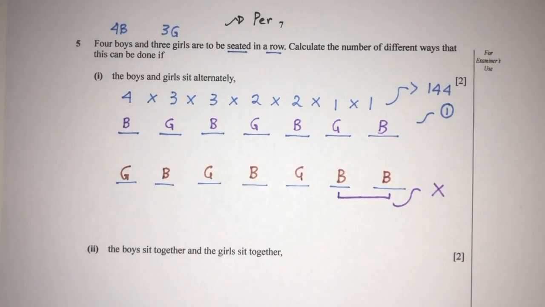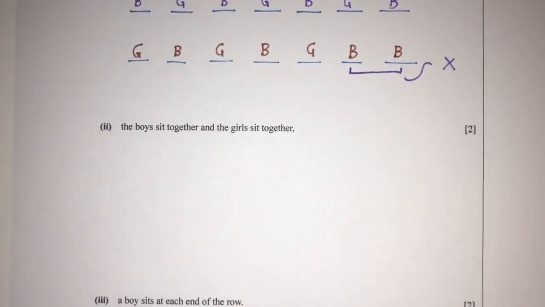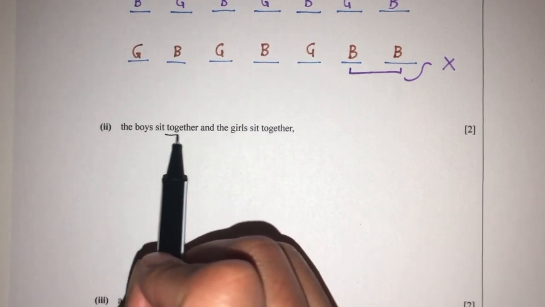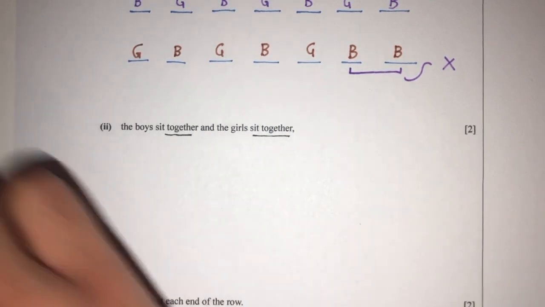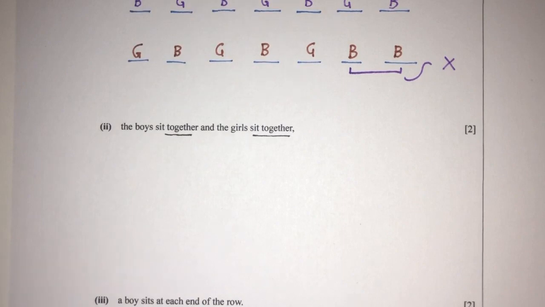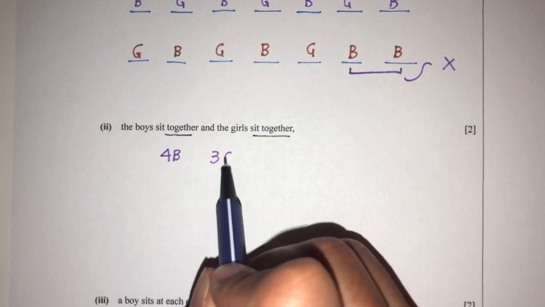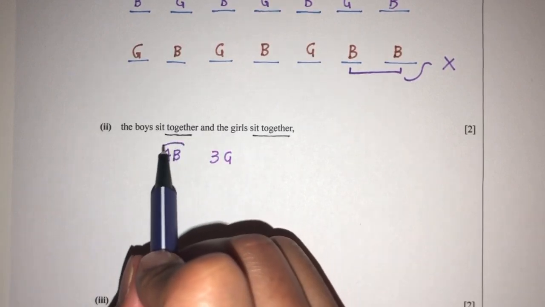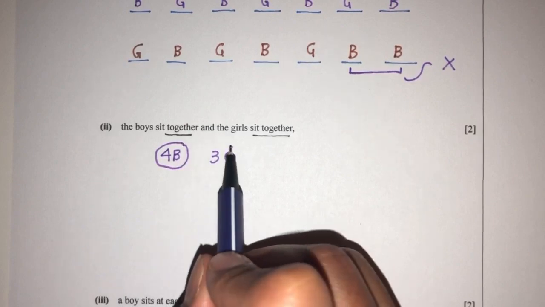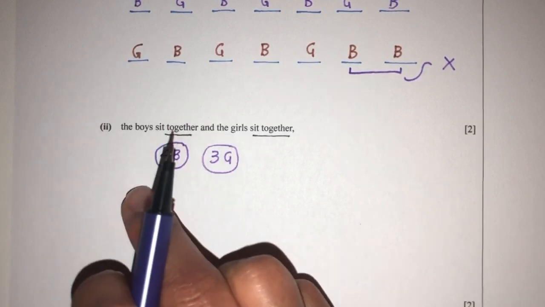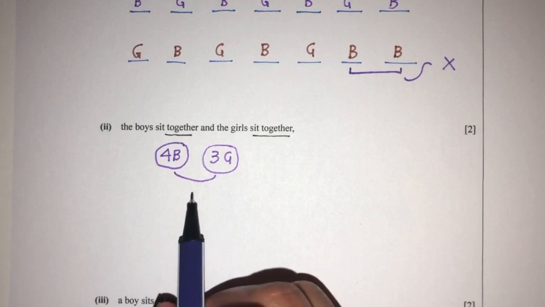That is part 1. Now for part 2, the boys sit together and the girls sit together. Because they sit together, we have to look at them as one object. For example, here we have 4 boys and 3 girls. Let's make each group become one object. Basically, this is 1 and 1, which means we have 2 in total.